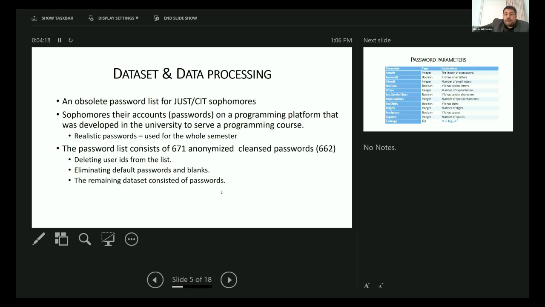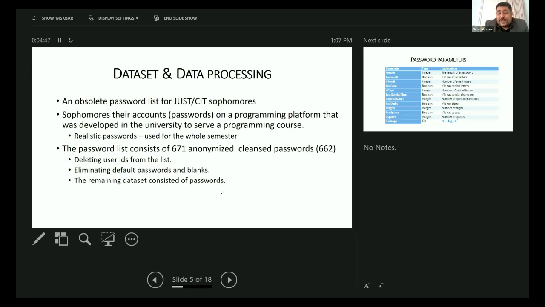The password list had 671 passwords. We anonymized and cleansed them, so blanks and non-serial accounts that were created but did not reach the password creation stage were eliminated. As a result, we had 662 passwords.